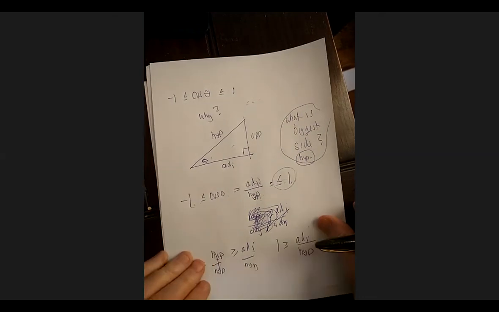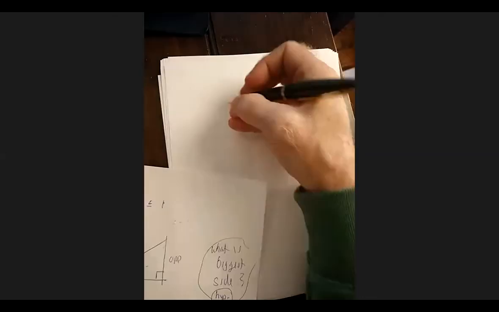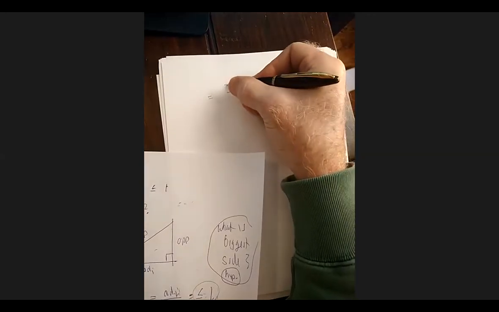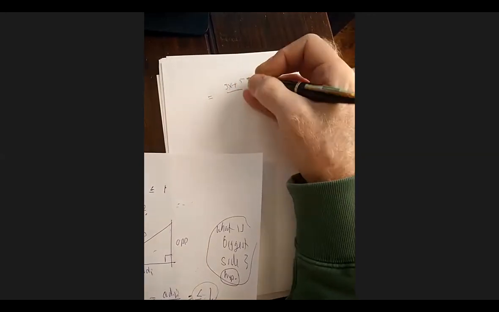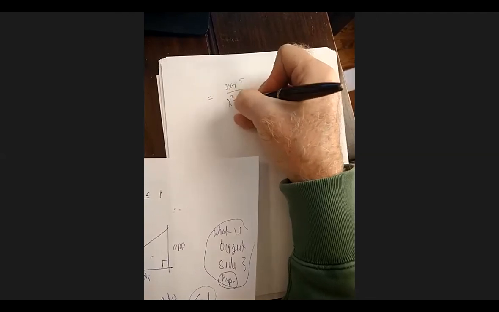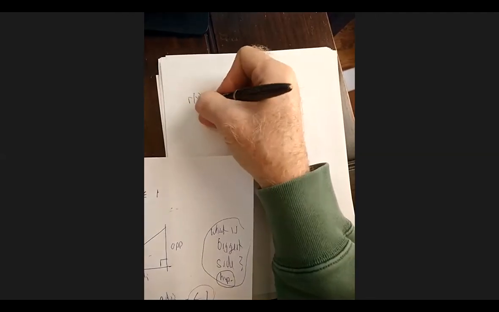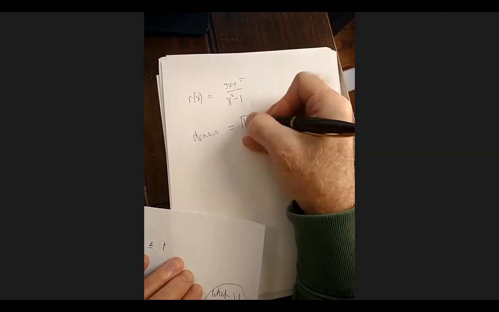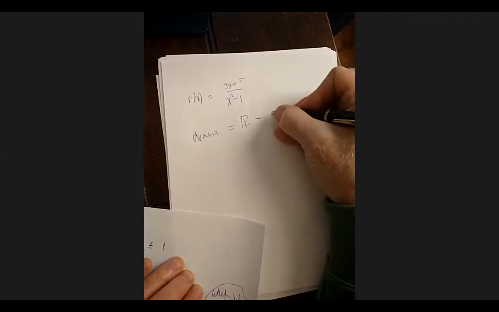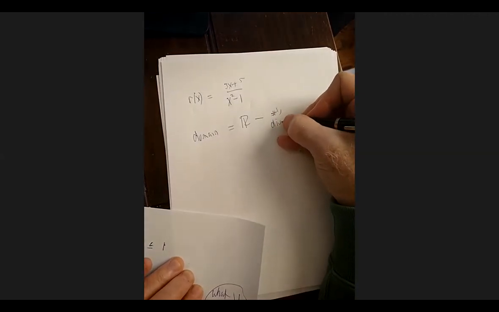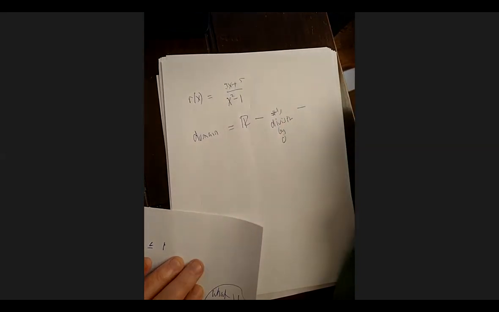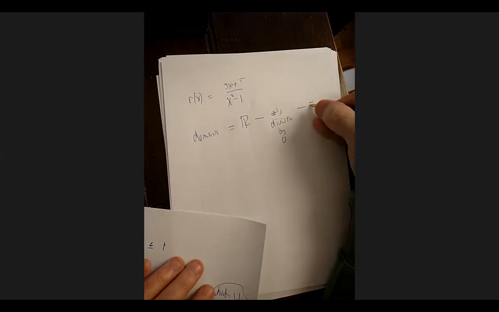If I had a rational function, I should say this since we've been talking about this. So we had 3x plus 5 over x squared minus 1. That was r of x. Remember, our domain is equal to R minus either numbers which cause division by 0 or negative square roots.